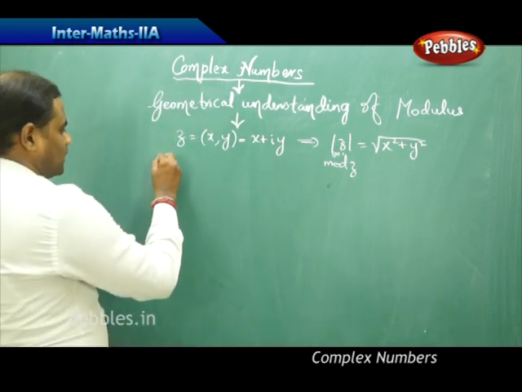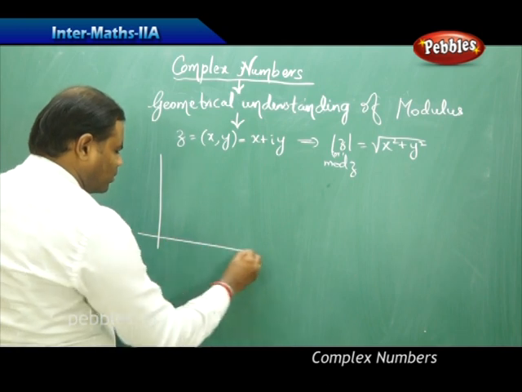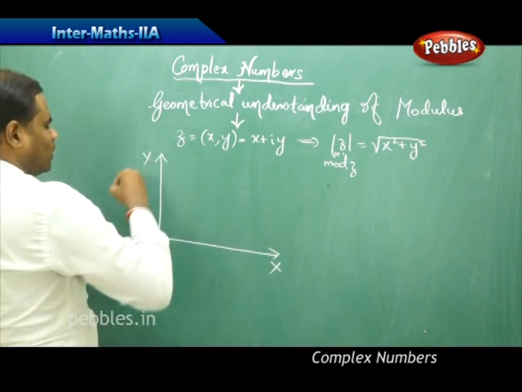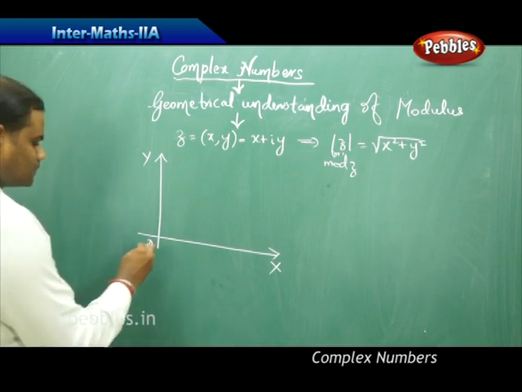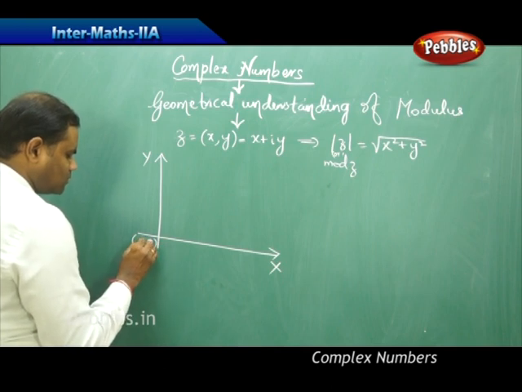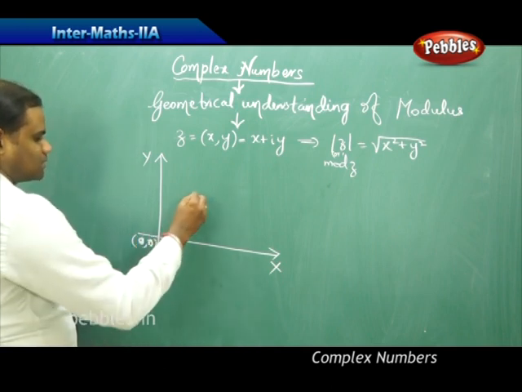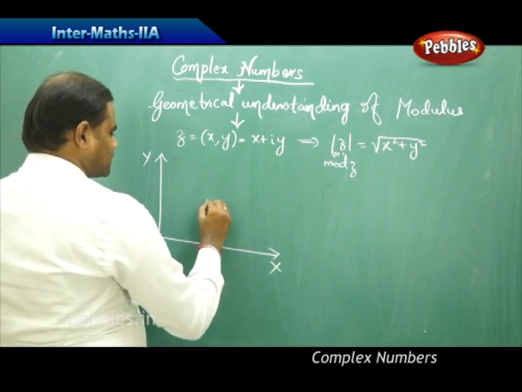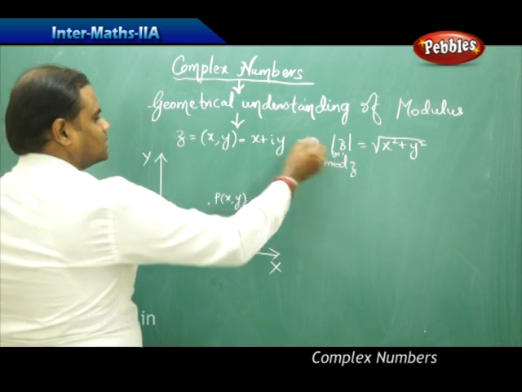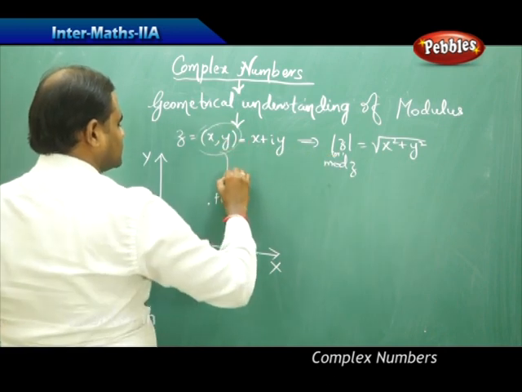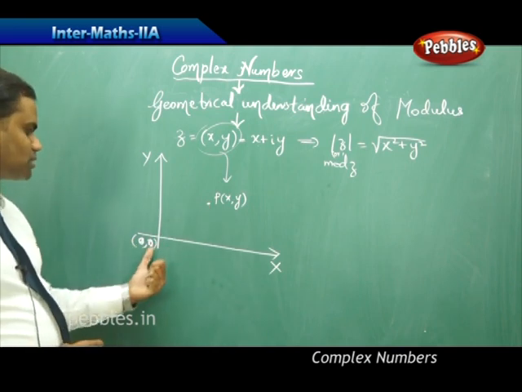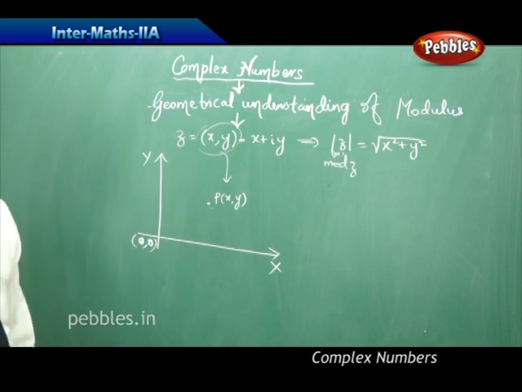Say for example, I take a ray OX and a ray OY, along which this is represented with 0, 0, and here is a point P, which is x, y, that is this point x, y, which lies out here. Then the distance from origin, that is 0, 0 to P(x, y), is called mod z.